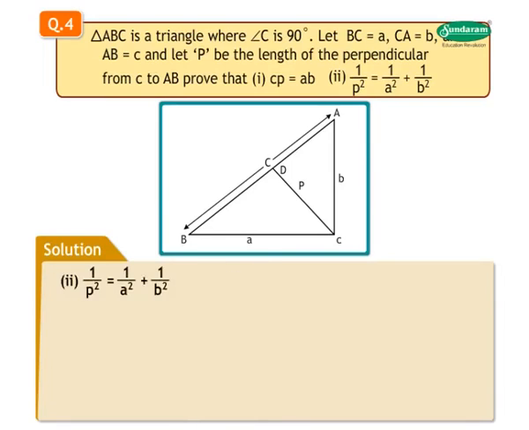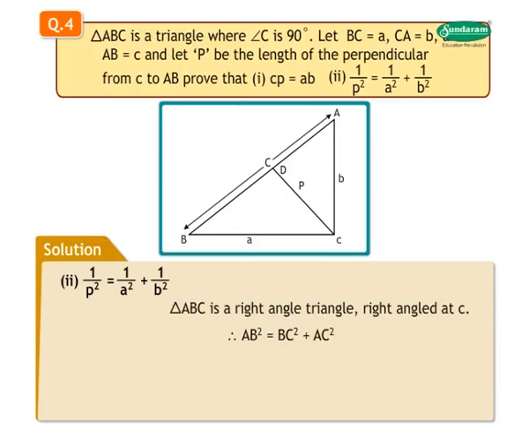Number 2. 1 upon P square is equal to 1 upon A square plus 1 upon B square. Triangle ABC is a right angle triangle with right angle at C. Therefore, AB square is equal to BC square plus AC square. Therefore, C square is equal to A square plus B square.